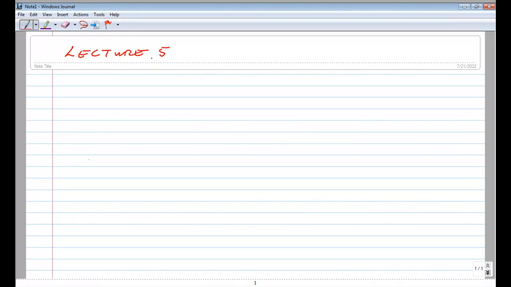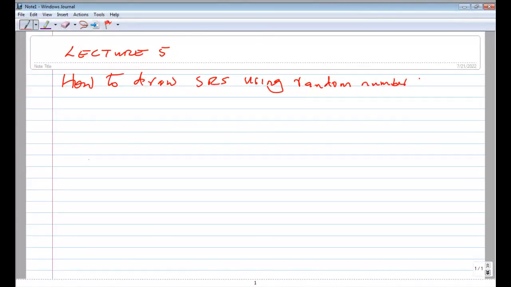The heading is how to draw simple random sampling using a random number table. How do we do that?